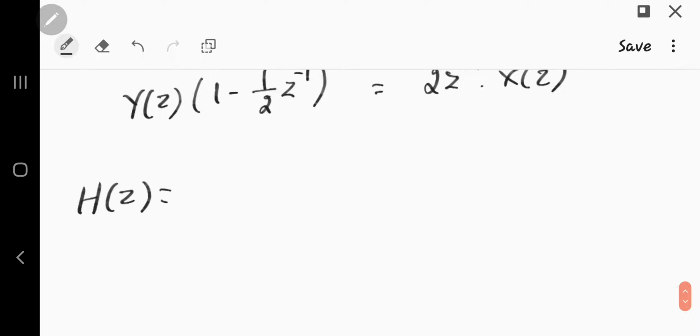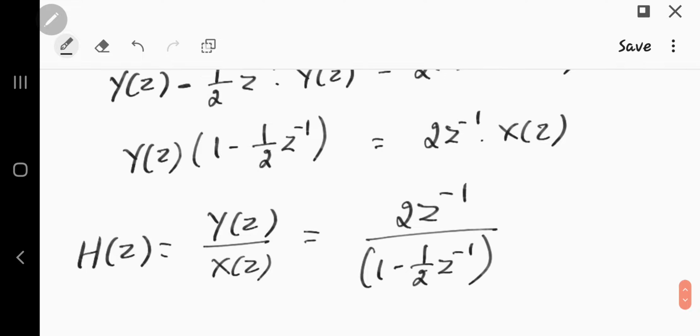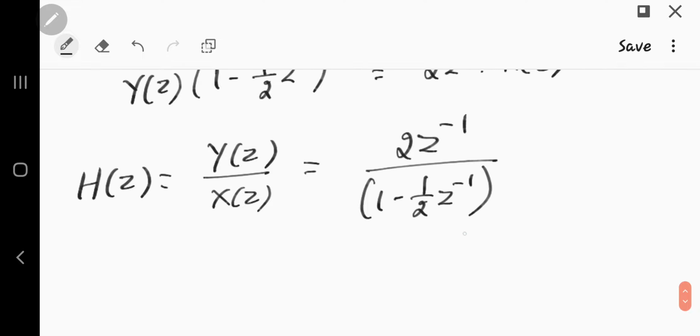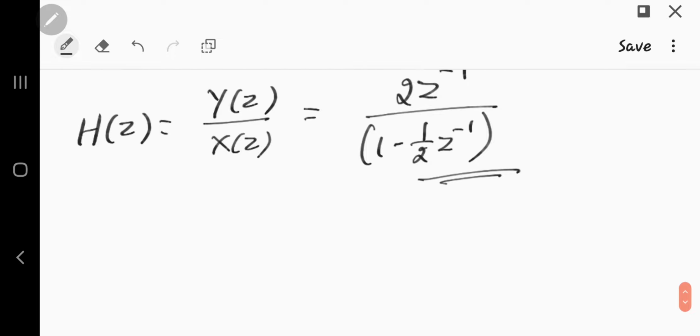So H of z is Y of z by X of z. So you can just cross multiply this, you will get 2 z inverse divided by 1 minus 1 by 2 z inverse. Now this is the transfer function, and the rest of the steps are easy. You have to just find the inverse of this to get the impulse response.